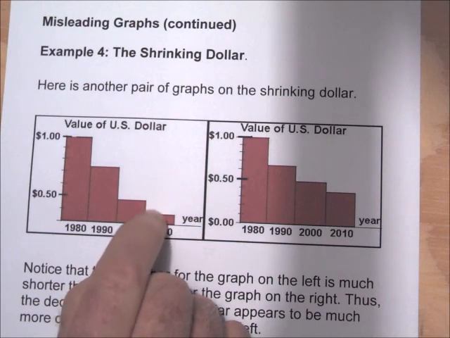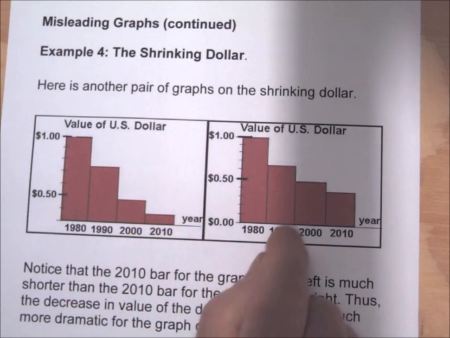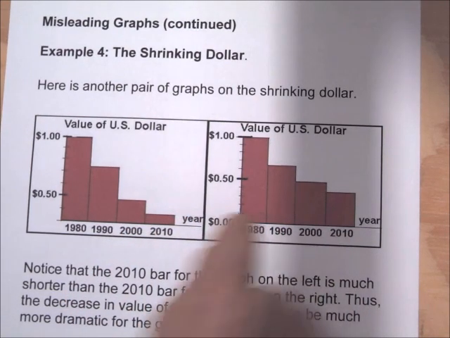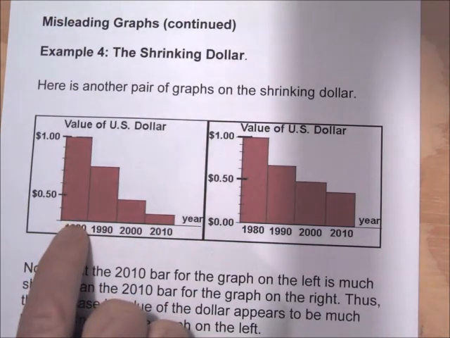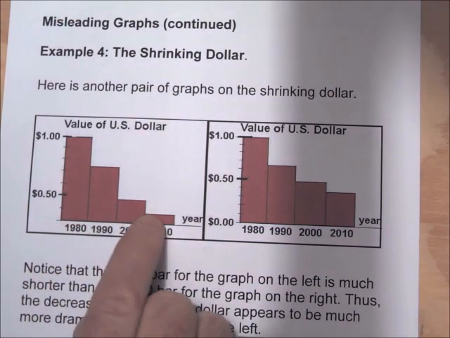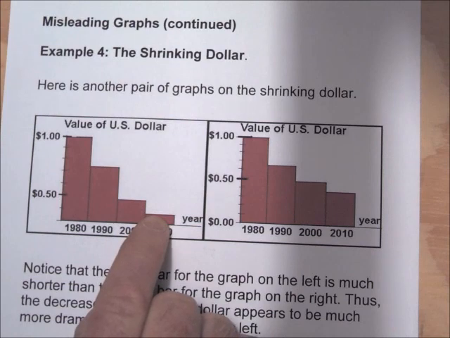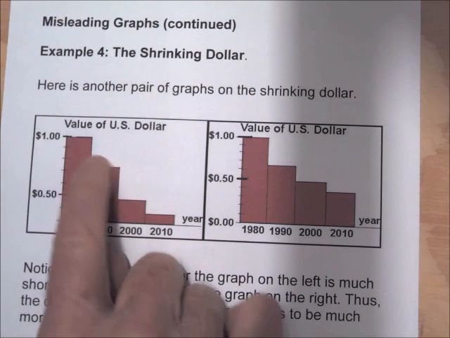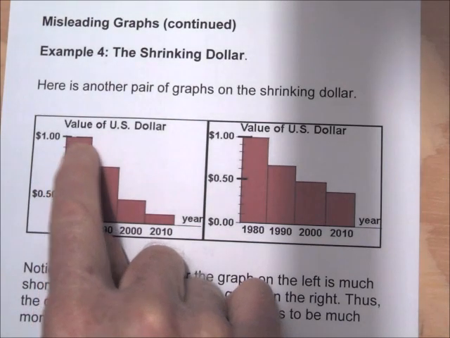You don't see the full amount, so it looks like it's about 10 cents. It doesn't look like it's 40 cents, but it should be. If you look at the graph carefully, you can maybe realize that this represents 40 cents, or a little bit less than half the value of the original dollar.